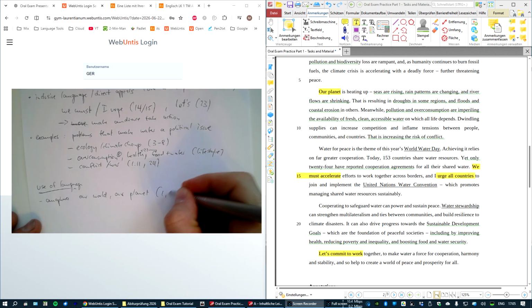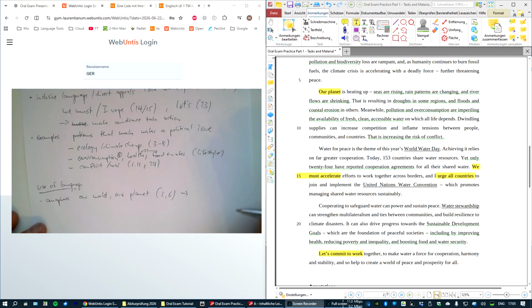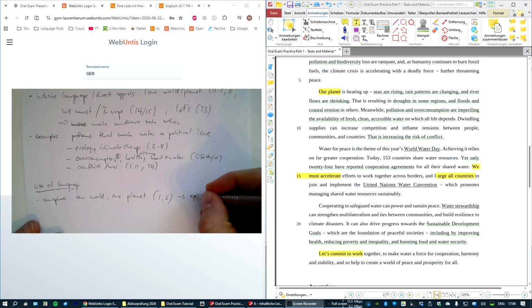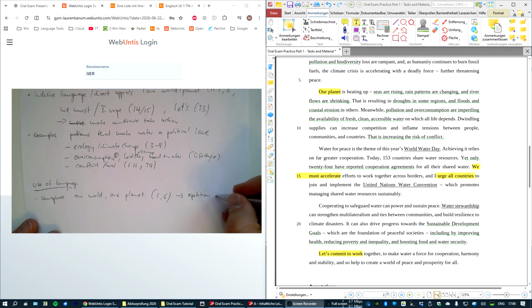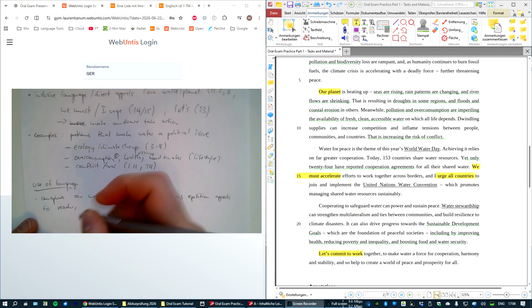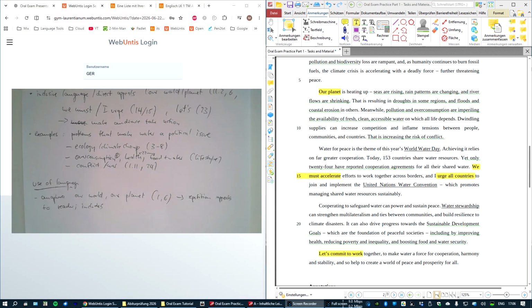That's 1 and 6. It's repetition. Appeals to the reader, definitely. Includes him, and actually says, well, this is your problem too. This is your problem too.